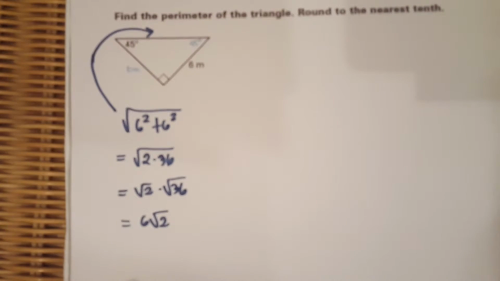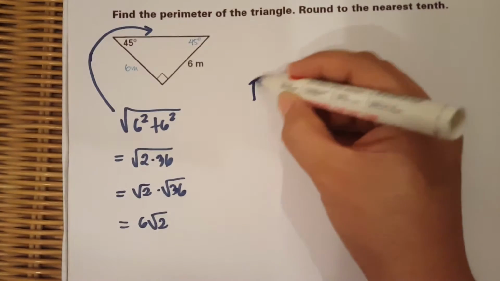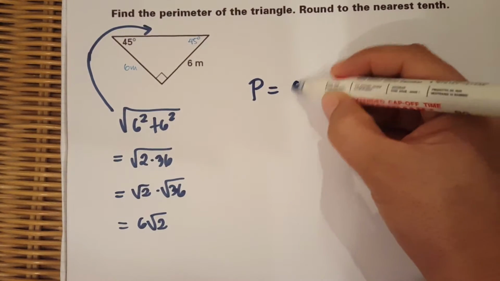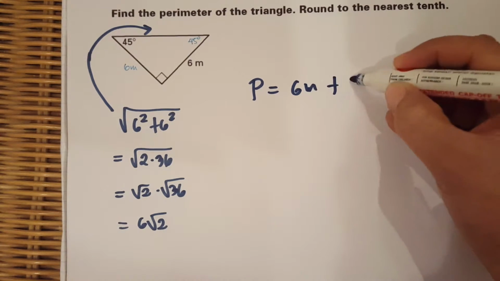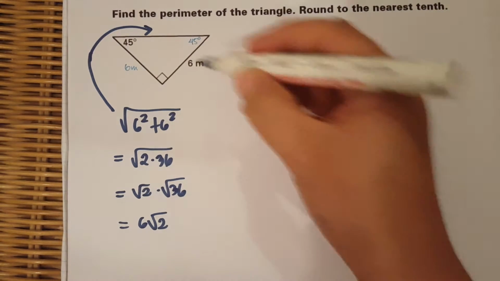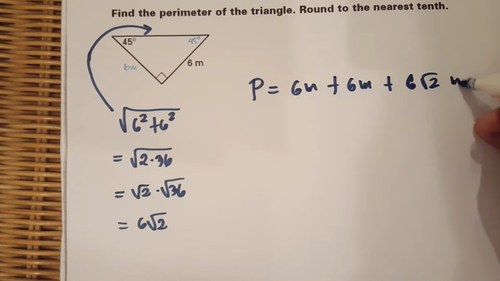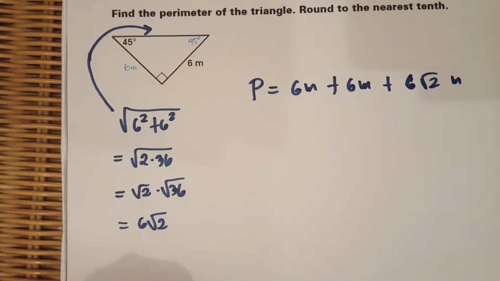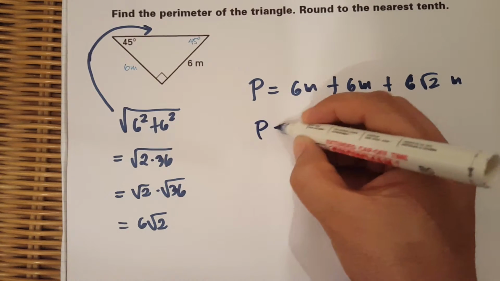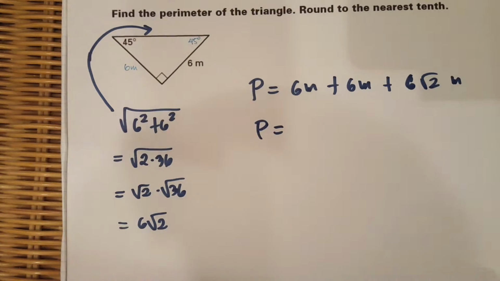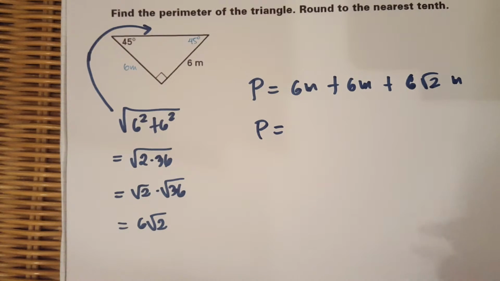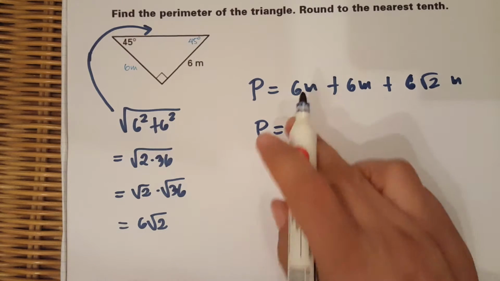Okay, so what's the perimeter now? So the perimeter is simply equal to 6 meters plus another 6 meters plus the length of the hypotenuse, which is 6 times the square root of 2 meters. So we can factor out 6 here.